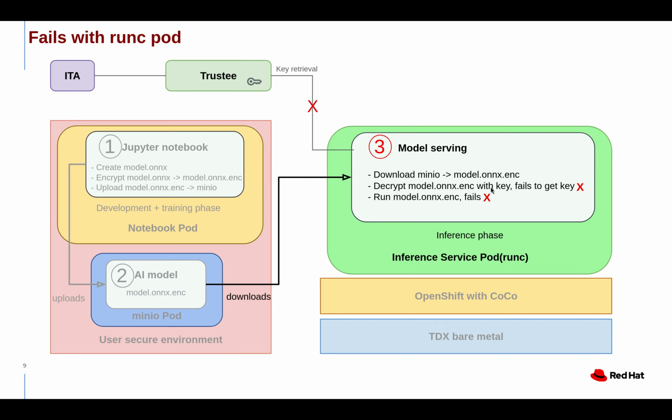So the AI model cannot be decrypted, so it cannot be run. In summary, with kata-tdx, the encrypted AI model can be decrypted and served, but with the runC pod, the encrypted AI model fails to be decrypted and cannot be run. We will show this in our demo.